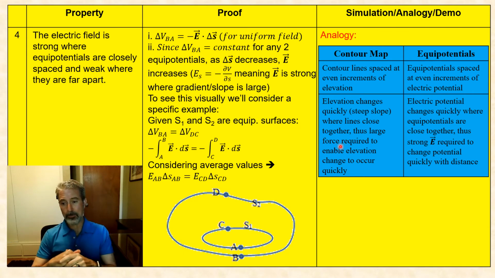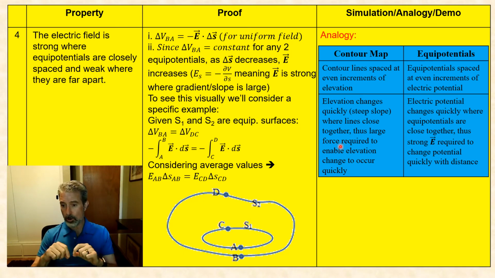contour line to another. In the same way, in a region on a map of electric potential where you see these equipotentials plotted, if the electric potential changes quickly, which is going to happen when these equipotentials are close together, that would suggest that you need a strong electric field in that region in order to bring about the quick change in electric potential.